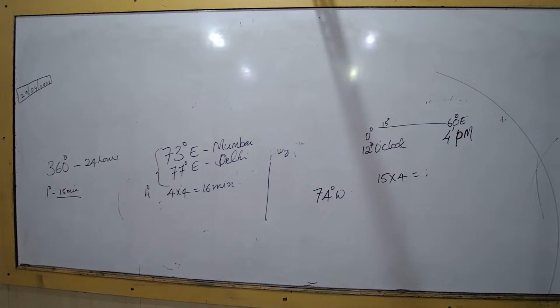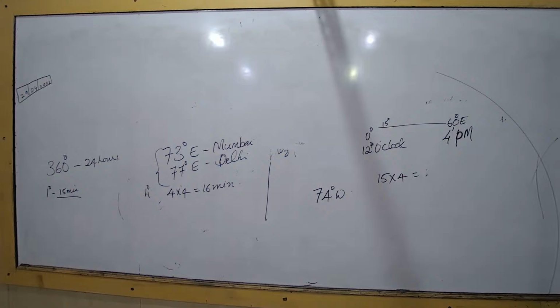Okay. What is that? 74 degree west. Time in India, what is the Indian time? 5:30 p.m. Are you listening? Yes, ma'am. India is ahead of Greenwich by 5 hours 30 minutes.